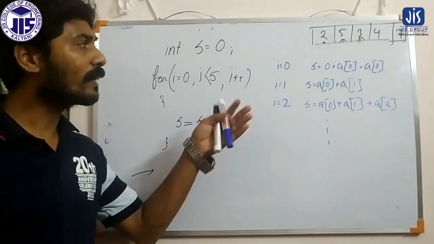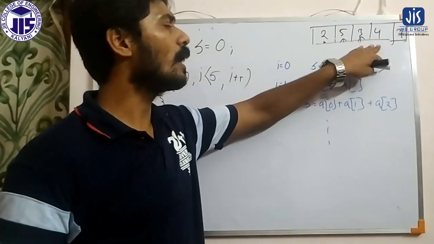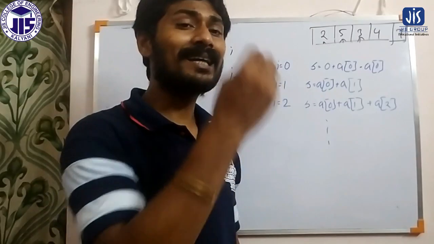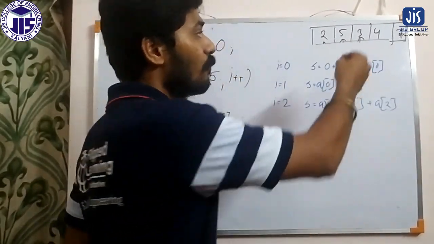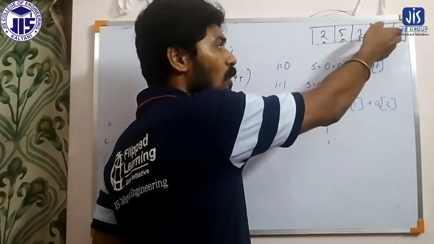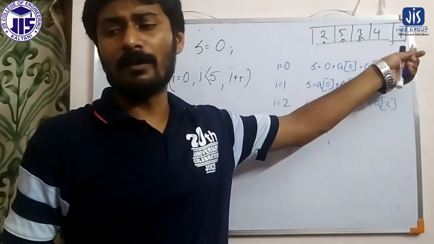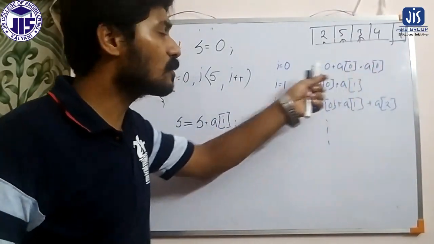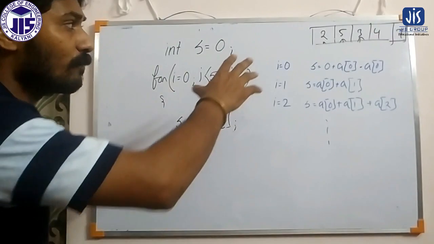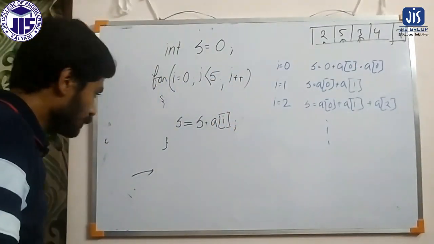Now, if I consider this same array, let us find the maximum element of the array. What is the maximum value present in the array? Visually we can say that 7 is the maximum element. Now let us find out through programming how we can find the maximum element in the array.